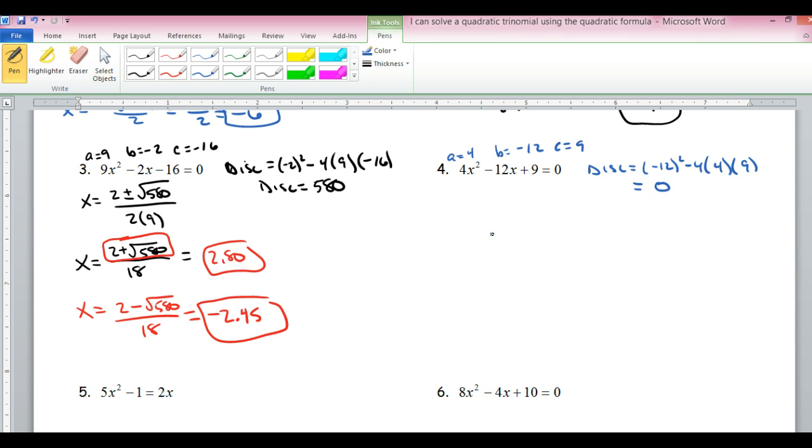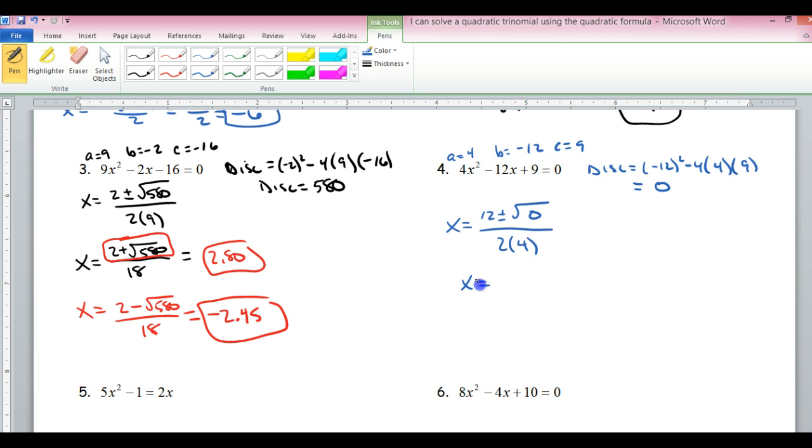Now one thing you need to know is if your discriminant has a value of 0, you're only going to get one solution. So to find the one solution, you can do the same thing. So you get 12 plus or minus the square root of 0 all over 2 times A, which is 4.